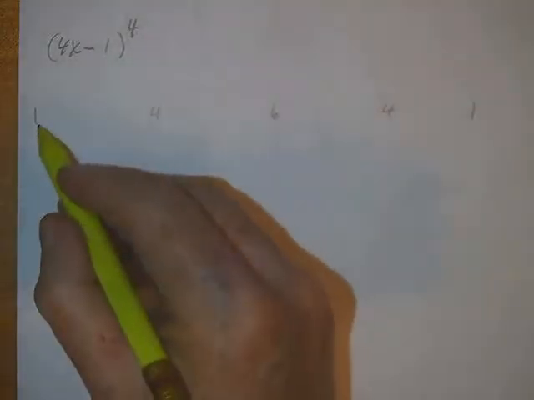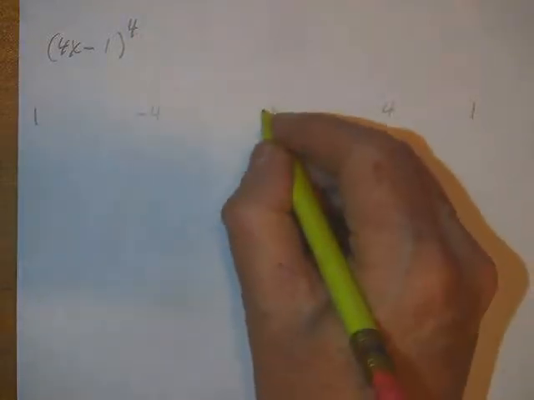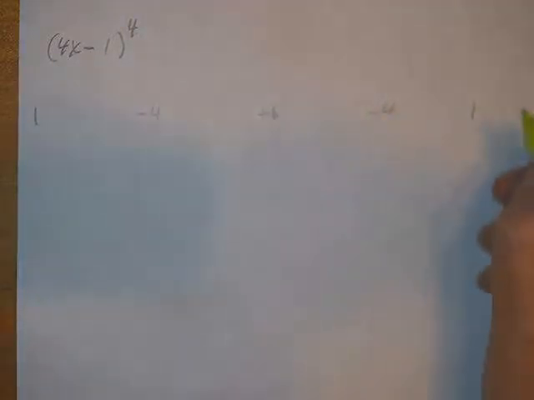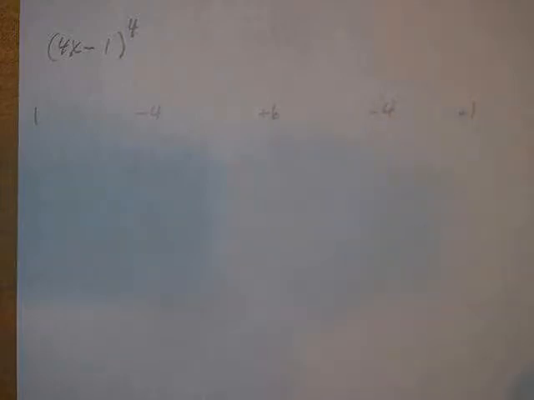The first one's always positive, then negative, positive, negative, positive. They just alternate from the front. So you just start doing plus, minus, plus, minus till you get to the end. Sometimes you end in a negative. Sometimes you don't. It doesn't matter to me.